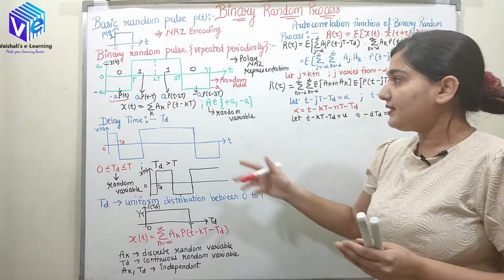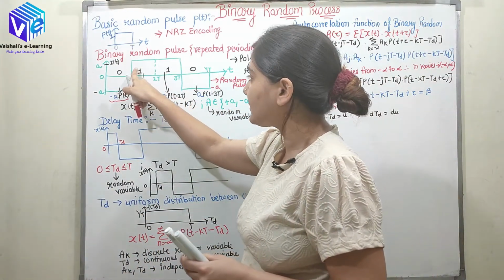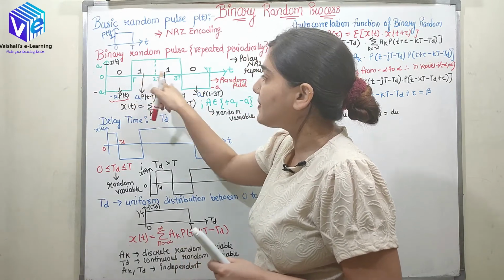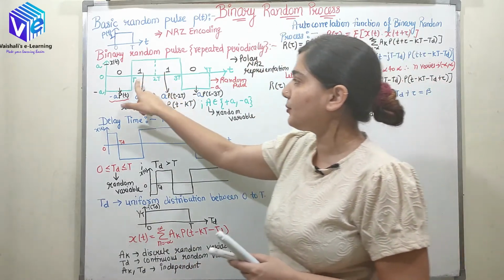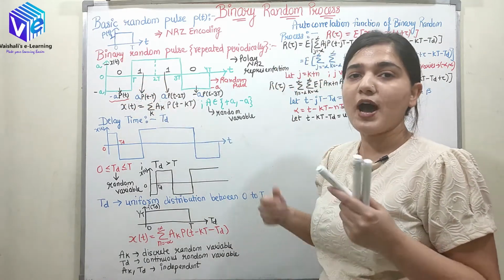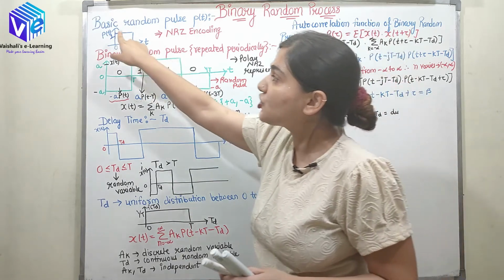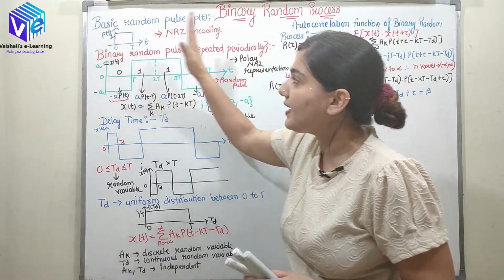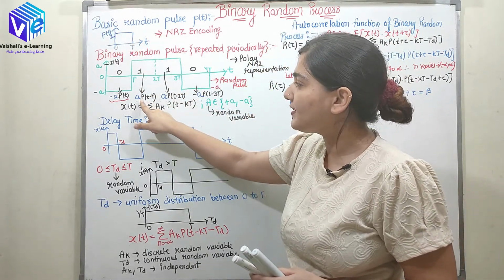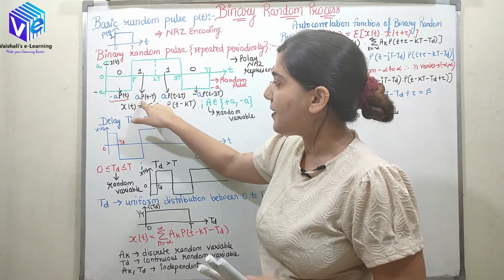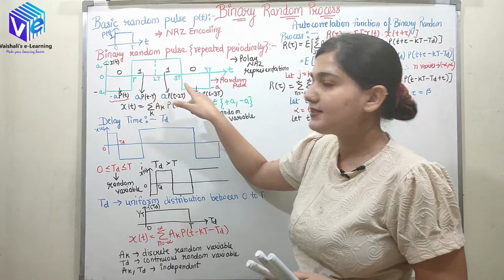Now the next is represented by amplitude A and the time is shifted, in between T to 2T. How can I represent it with this pulse? I can shift this pulse by T. So I can represent it as A p(t minus T).